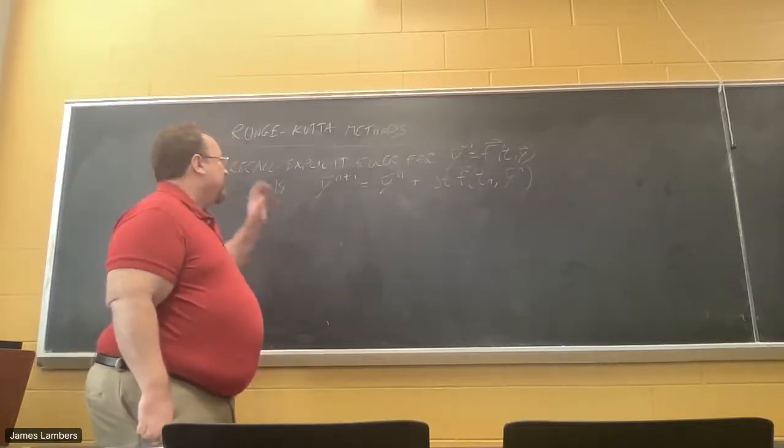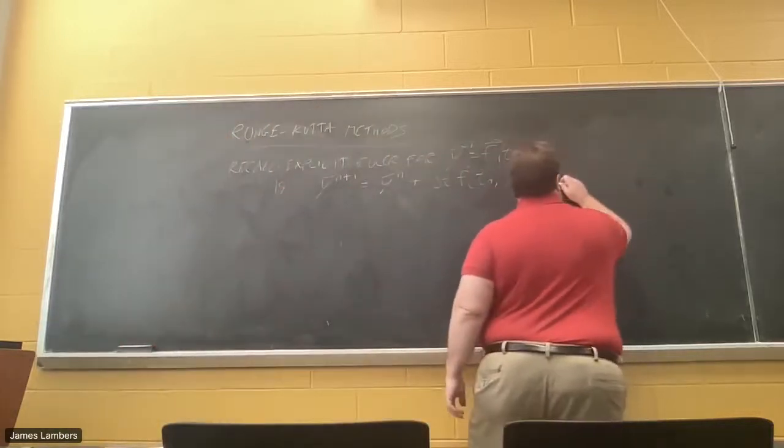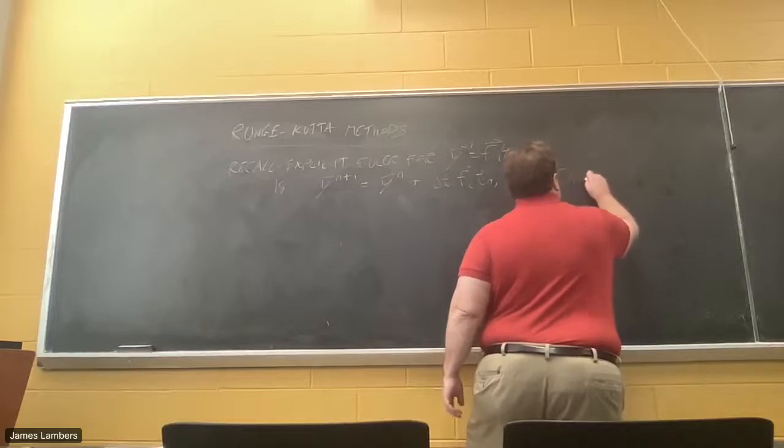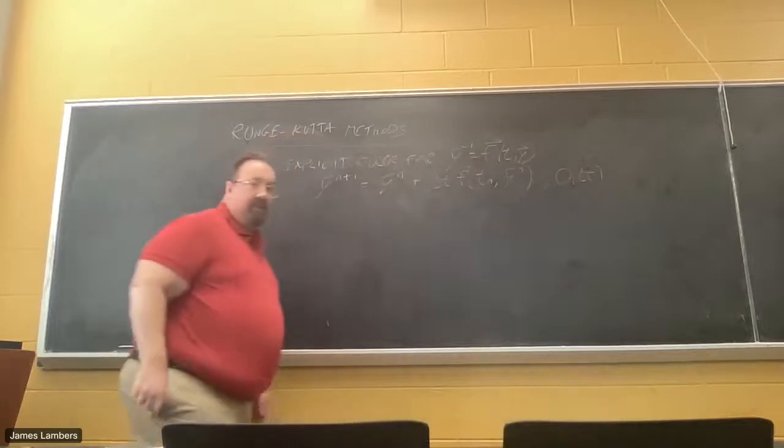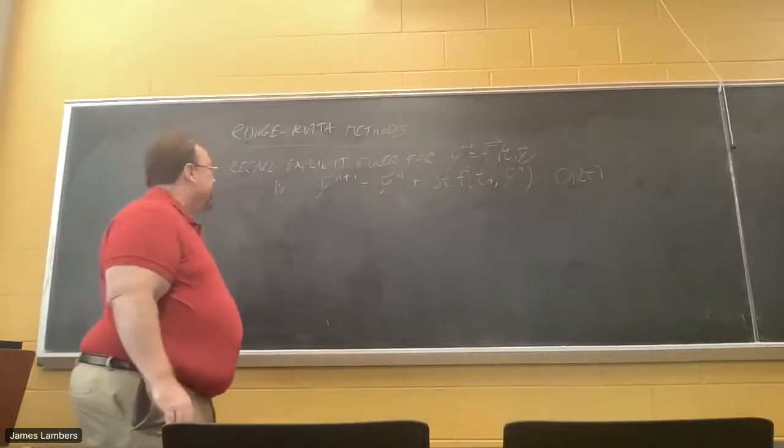All right, so this is explicit Euler, and the error is of order delta t. So first order accuracy is delta t to the first power.